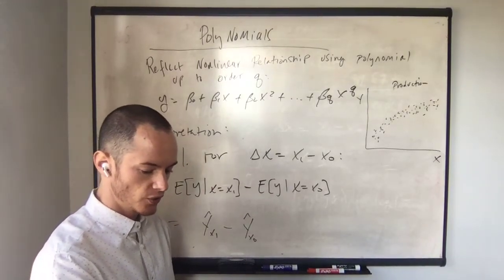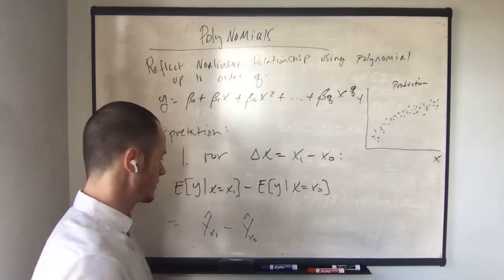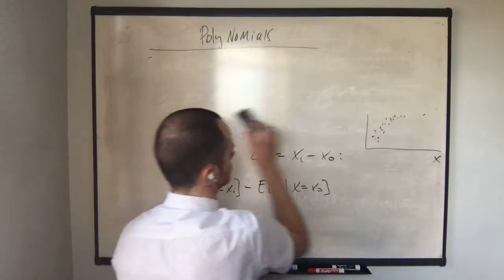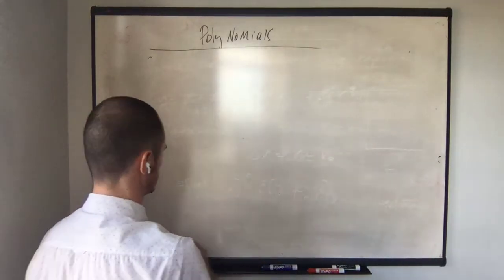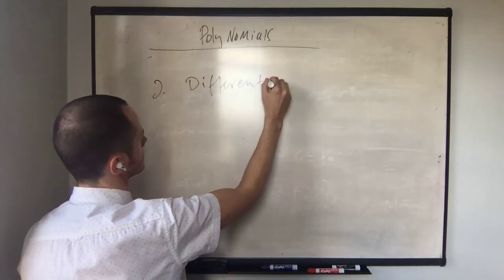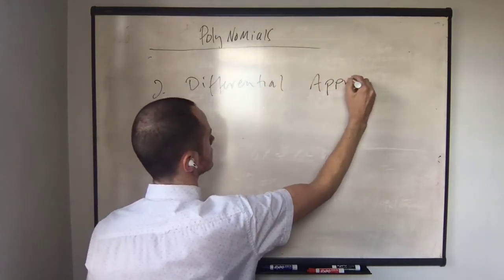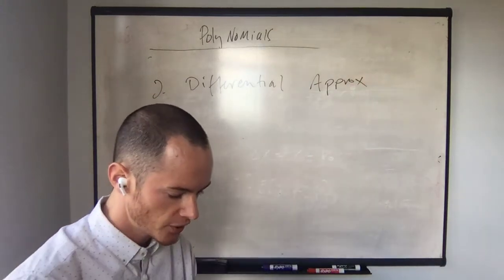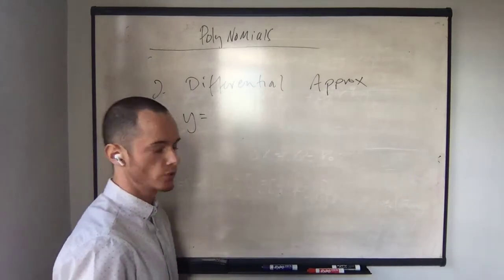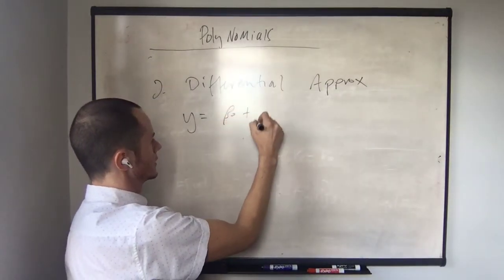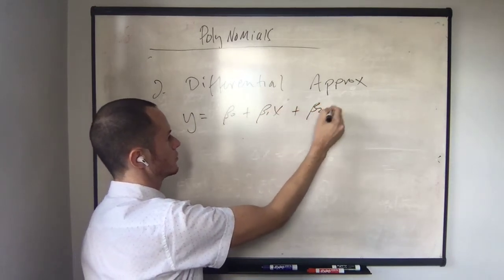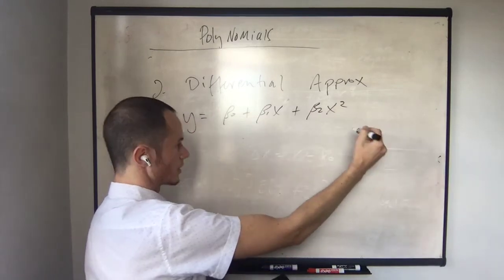Another way to do this is to use a differential approximation. If we use a differential approximation, say we have a polynomial of order 2, so that y equals beta naught plus beta 1 x plus beta 2 x squared plus u.